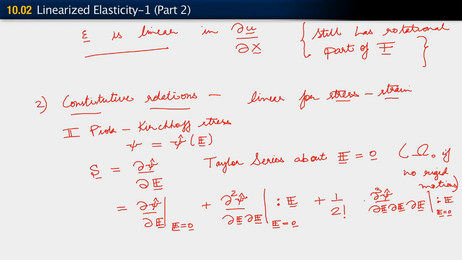and I'm going to say contracted with E here as well. It's a little ambiguous what this means in direct notation, because the derivatives I've written here give us a sixth order tensor.